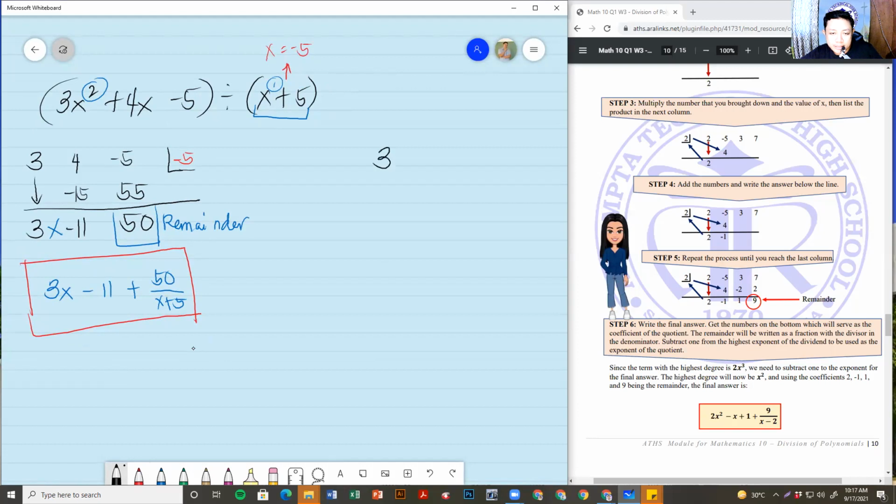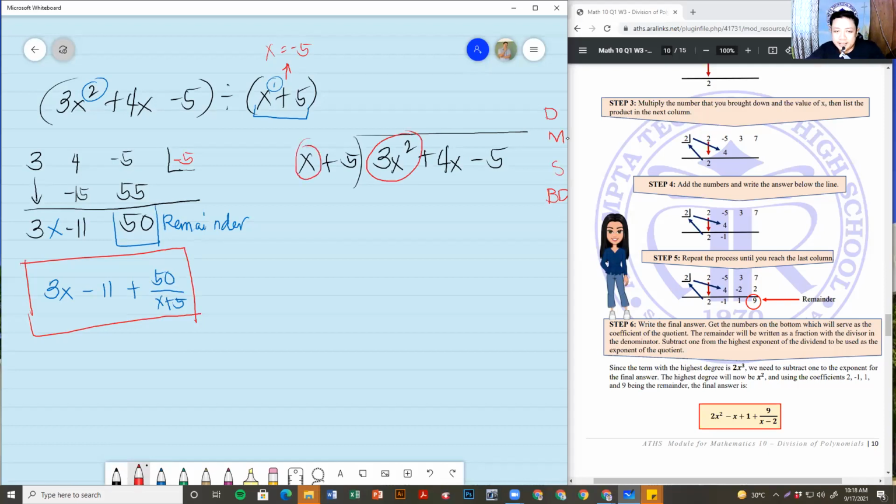So we have 3x squared plus 4x minus 5 divided by x plus 5. Just like the process, we have divide, multiply, subtract, bring down. Okay? And we always do the first terms. Always. That's what we will only divide.